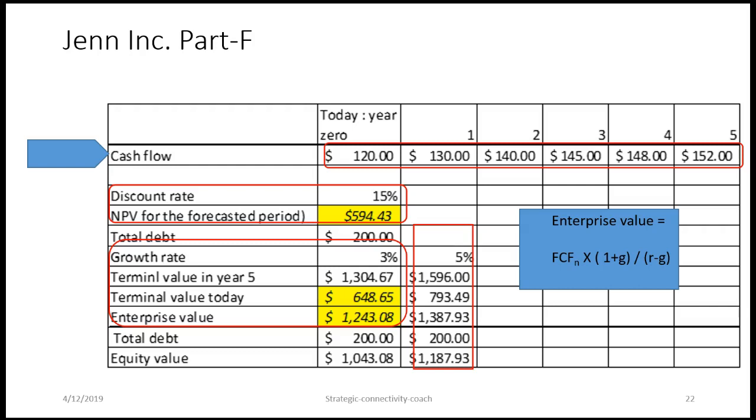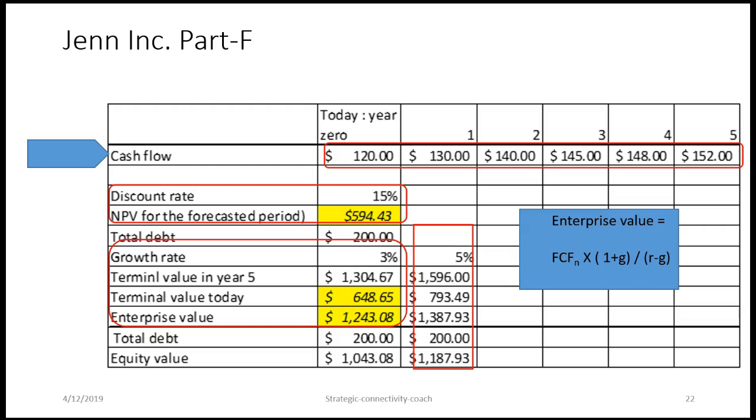But remember, when we're looking at the valuation, we are looking at what it is worth today. So we need to know the present value of that number, just like we did the NPV of 594, which is the present value today in year 0. So we want to take the terminal value we calculated, which is 1304, and bring it to today's value.